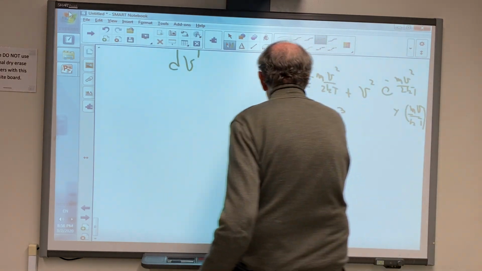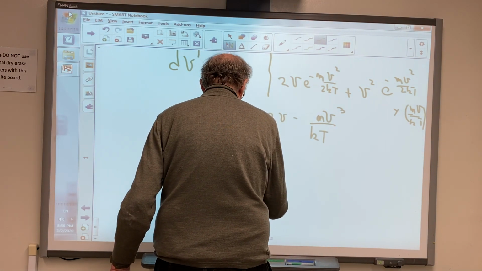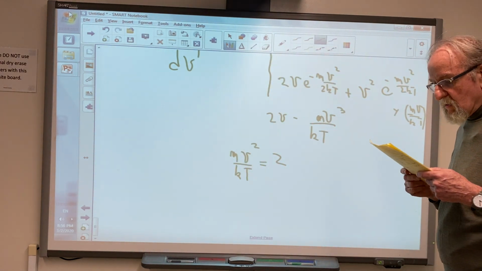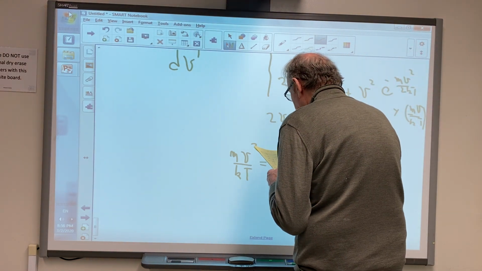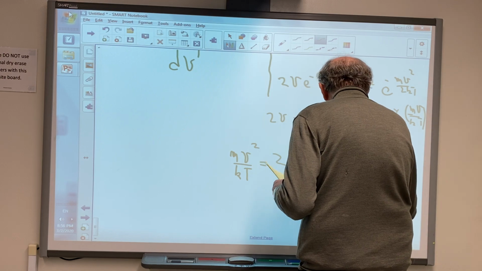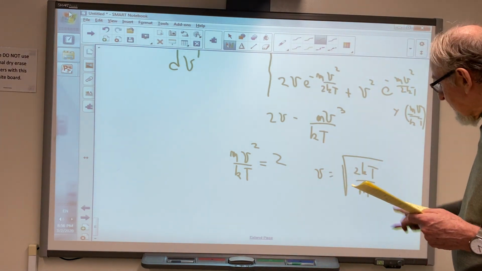So that means that mv squared over kT is equal to 2. Okay, at the maximum, is that correct? Yeah. So the maximum is when v is the square root of 2kT over m. That's the maximum.